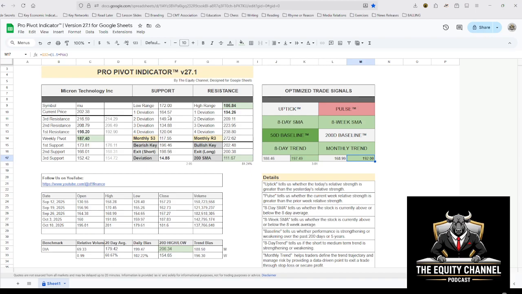Now, if you open up on Monday and then your 8-day trend turns bold, same thing. You want to see this lit up bold, and that's going to give you a new signal to take to the upside.